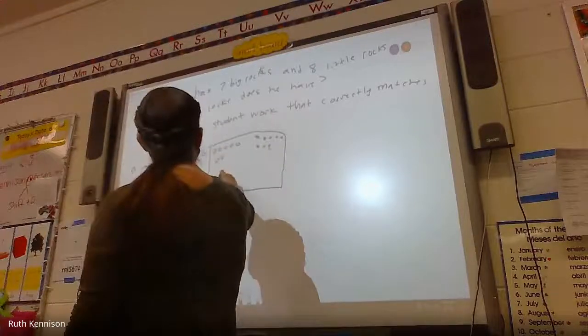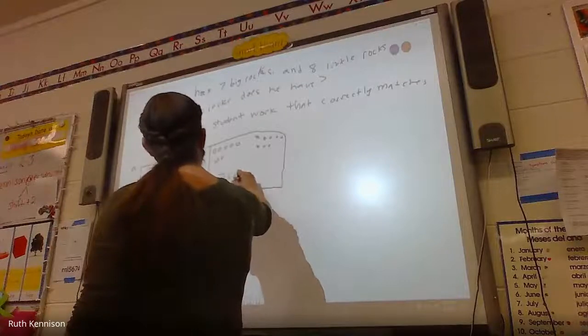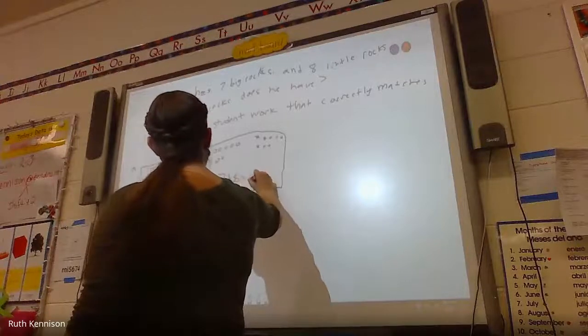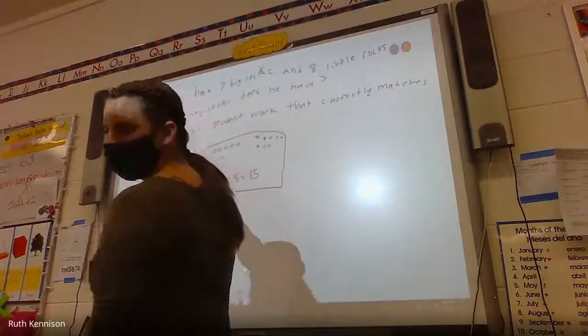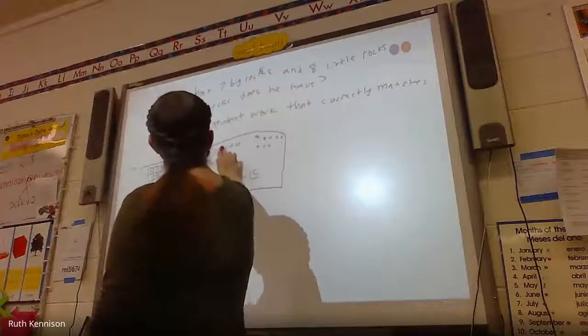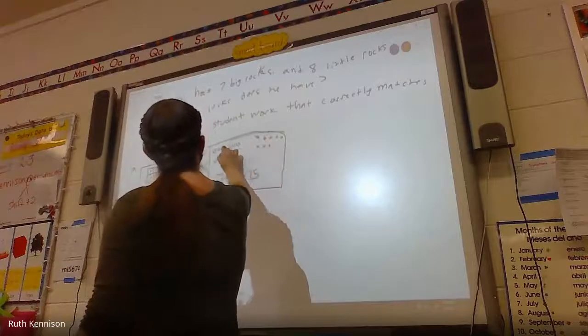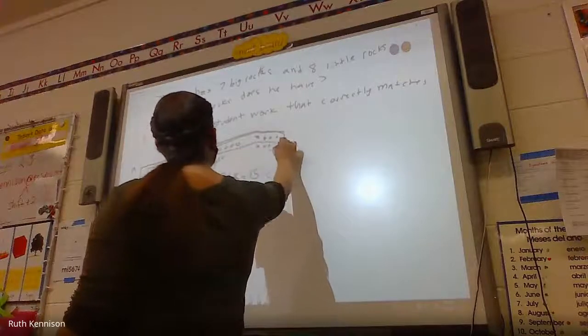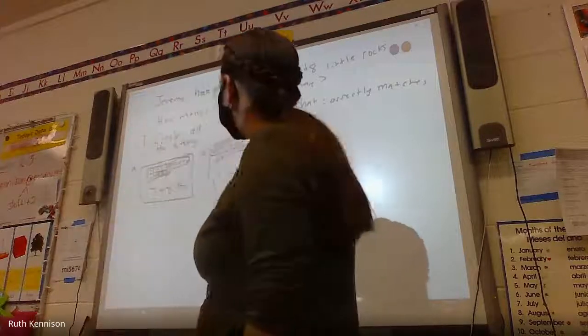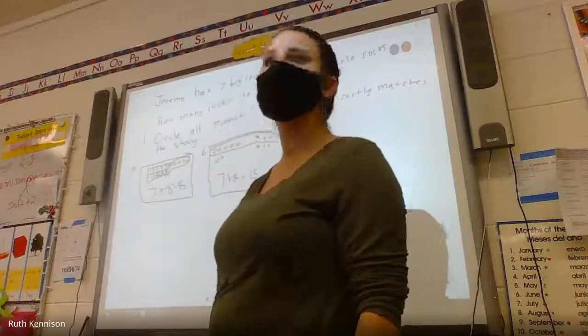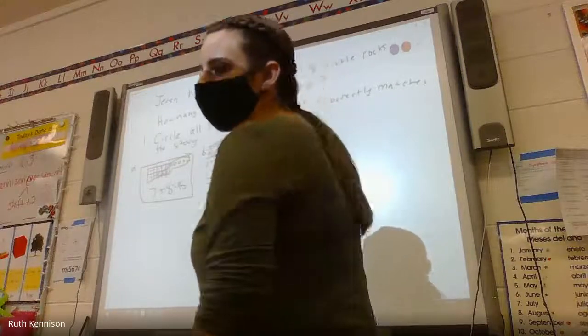And they did 7 plus 8. They have it equals 15, but let's see what they did. They did 1, 2, 3, 4, 5, 6, 7, 8, 9, 10. So they circled the 10 up here, and then that gives them 5. Does that make sense? Does that work? Yes, it does.